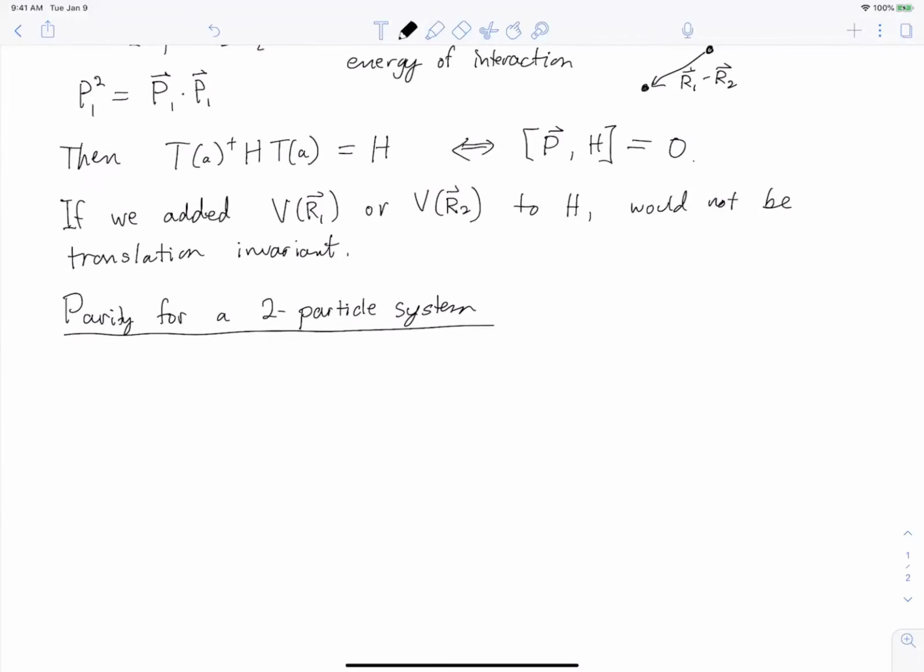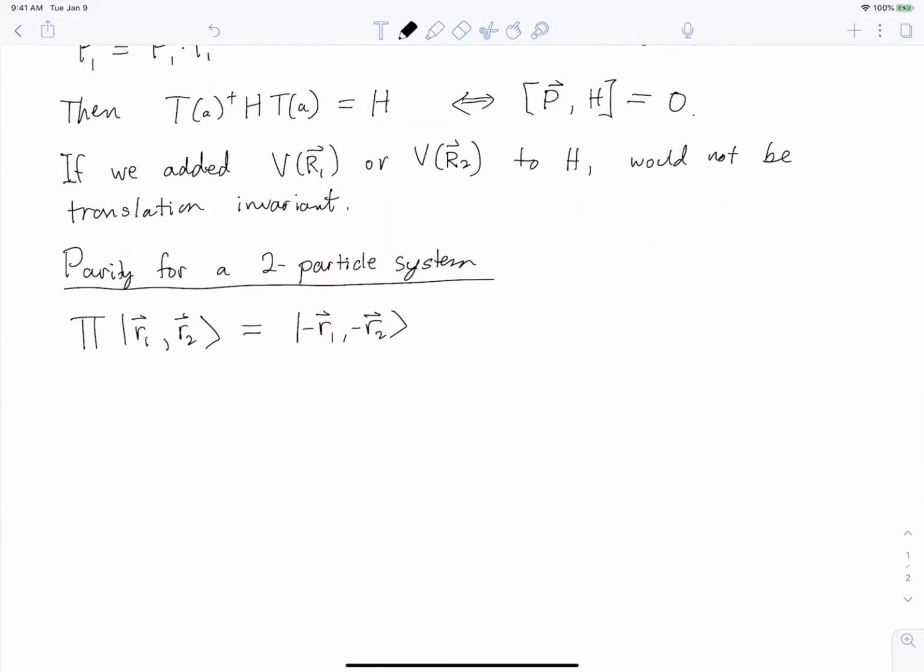A good basis to use is the position eigenstate basis. So the parity operator acting on a ket that describes particle 1 being at position R1 and particle 2 being at position R2 is, by definition, the ket where I've flipped the positions through a mirror, minus R1 and minus R2.